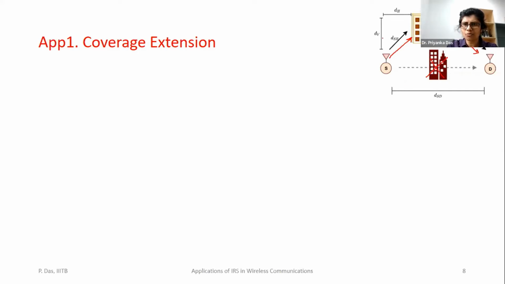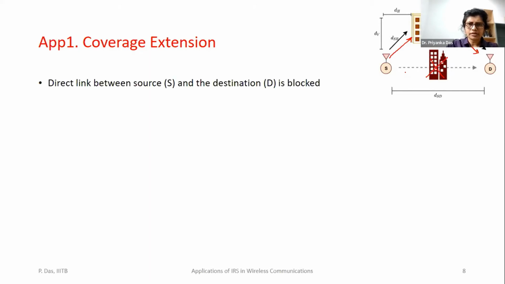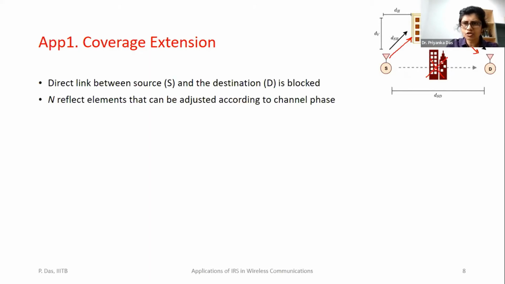Let the vertical distance from the source be dV and the horizontal distance be dH. And also let's consider there are n elements on the IRS. I consider only one IRS, a SISO system, single input, single output system, S and D, source and destination, n element IRS.